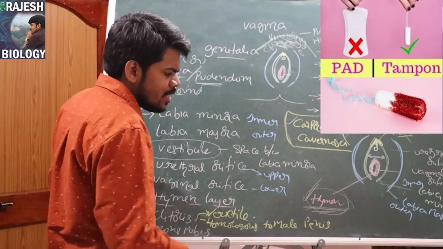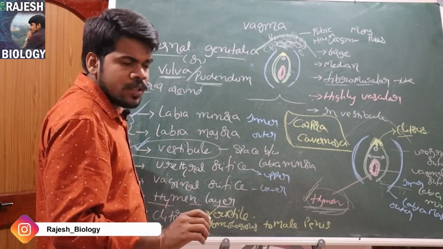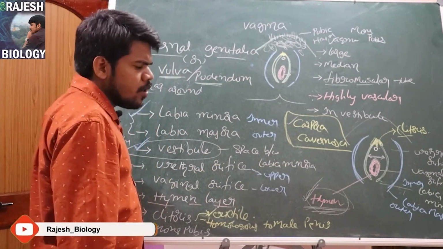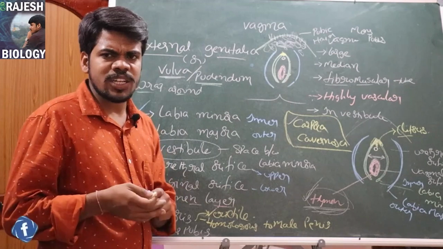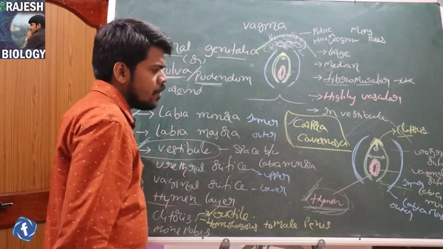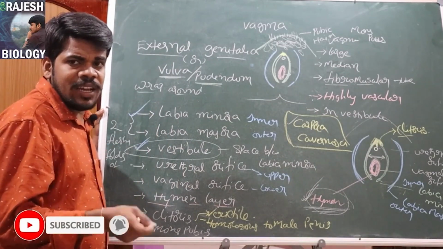Because of any such reason the hymen may rupture, not only because of intercourse, or at the time of the first intercourse. So there is a misguidance in our society. I just want to give a note about the hymen here. Okay, so this is about the external genitalia and vagina.